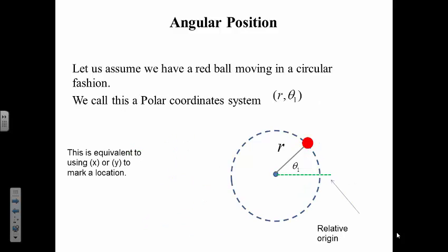So this R theta system, just in case people haven't heard of it before, also goes by the name of polar coordinates, where R marks your radial distance and theta marks your angle.